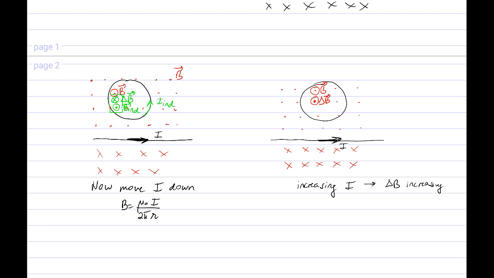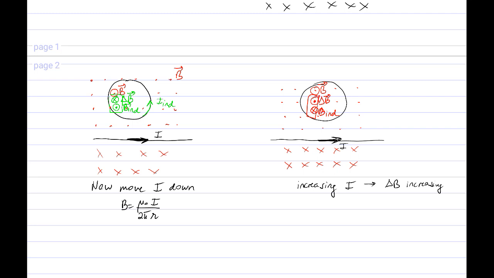So then the induced magnetic field will want to oppose the change by creating a field that is in the opposite direction of the change and the same in magnitude.